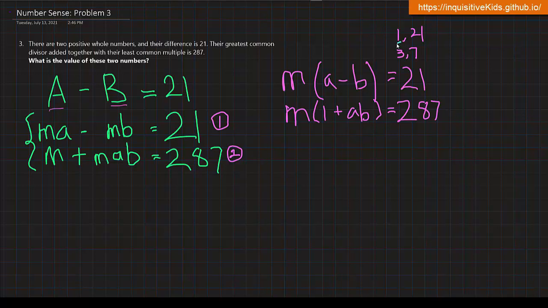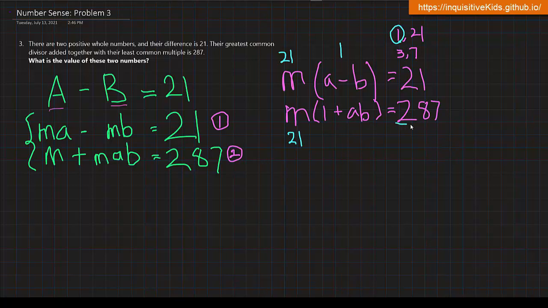We might be able to do 1. And what about 21? If M was 21, then a minus b would have to be 1. And M over here in this equation too has to be 21 also.